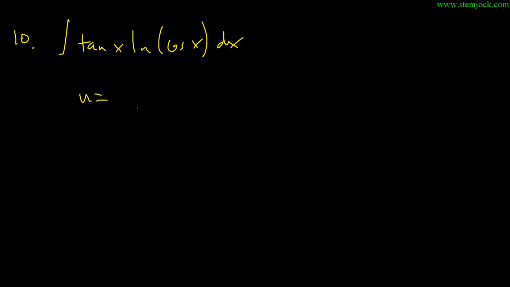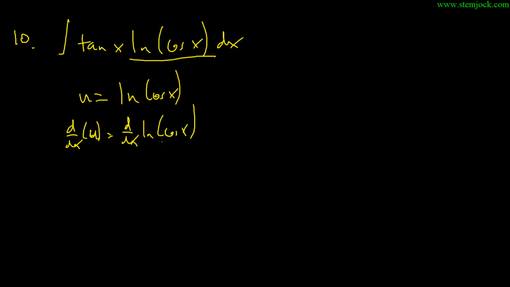What we should do instead is take the entire function here to be u. So if I set u equal to ln cosine x, now if I take the derivative of both sides, d dx of u equals d dx of ln cosine x, I get du dx on the left.